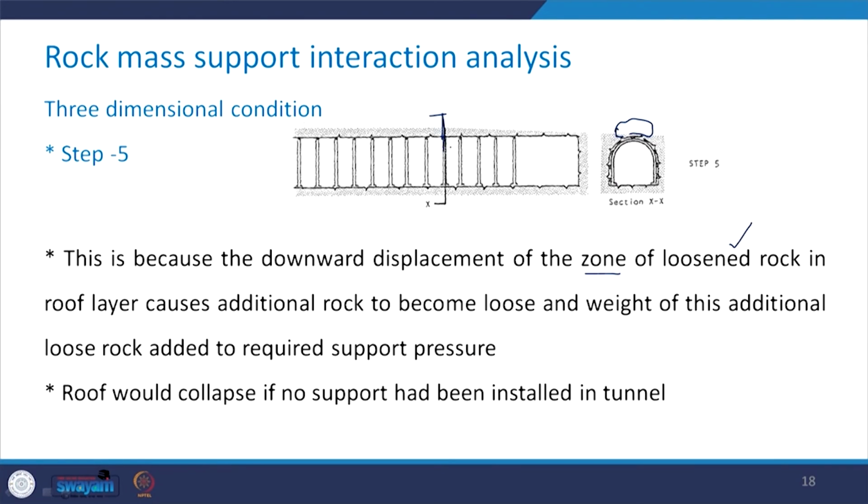So, here the section is XX. This tunnel face is much farther than this XX. There is no restraint because of the presence of this tunnel face at this section XX.